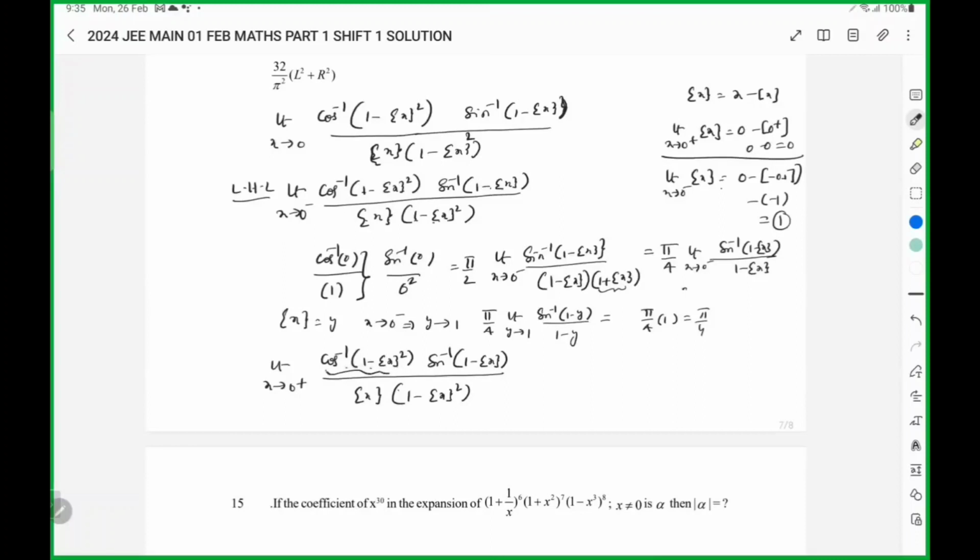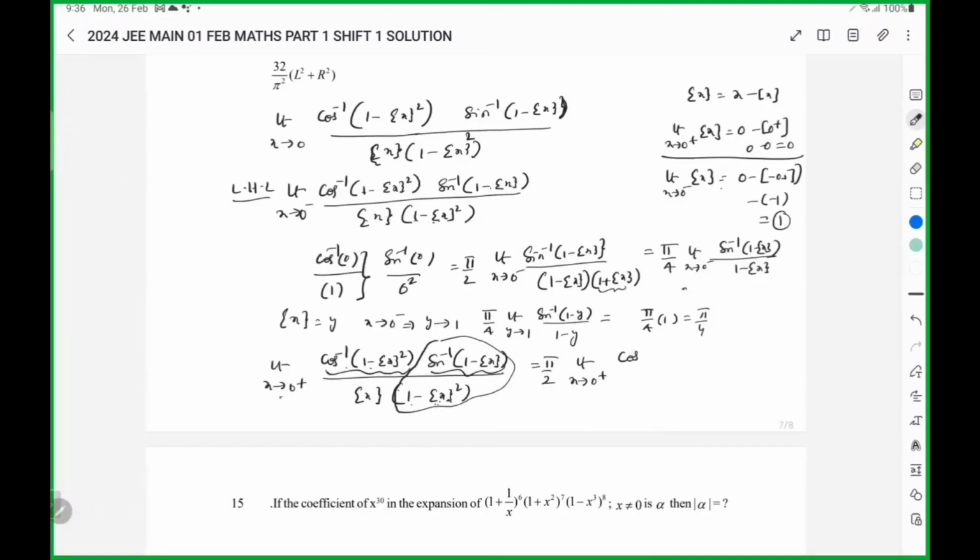Your cos inverse 1 is 0, we have a trouble here. Sine inverse 1 is pi by 2, we don't have trouble. Here x approaches 0 plus, it will be 0. So in this one, you can write it directly as pi by 2.